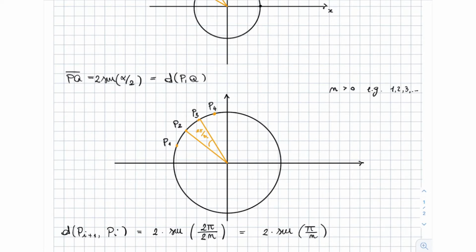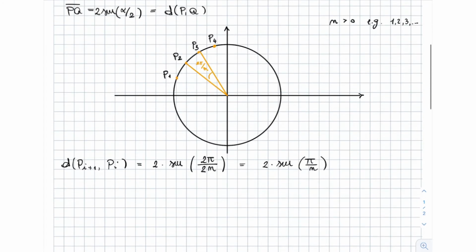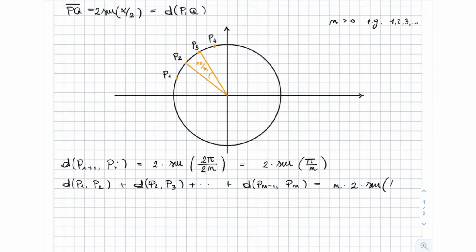Now, we took n points on the circle, so if we sum the distance between P1 and P2 plus the distance between P2 and P3 and so on to the distance between P(n-1) and Pn, this is just n times the number we had before, which means n times 2 times the sine of pi over n.